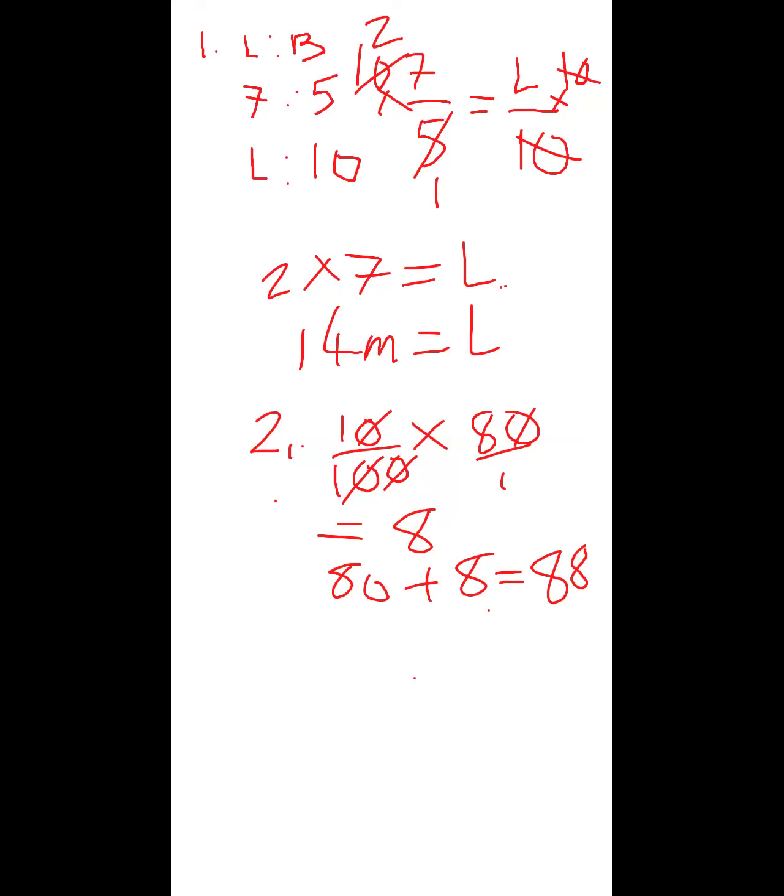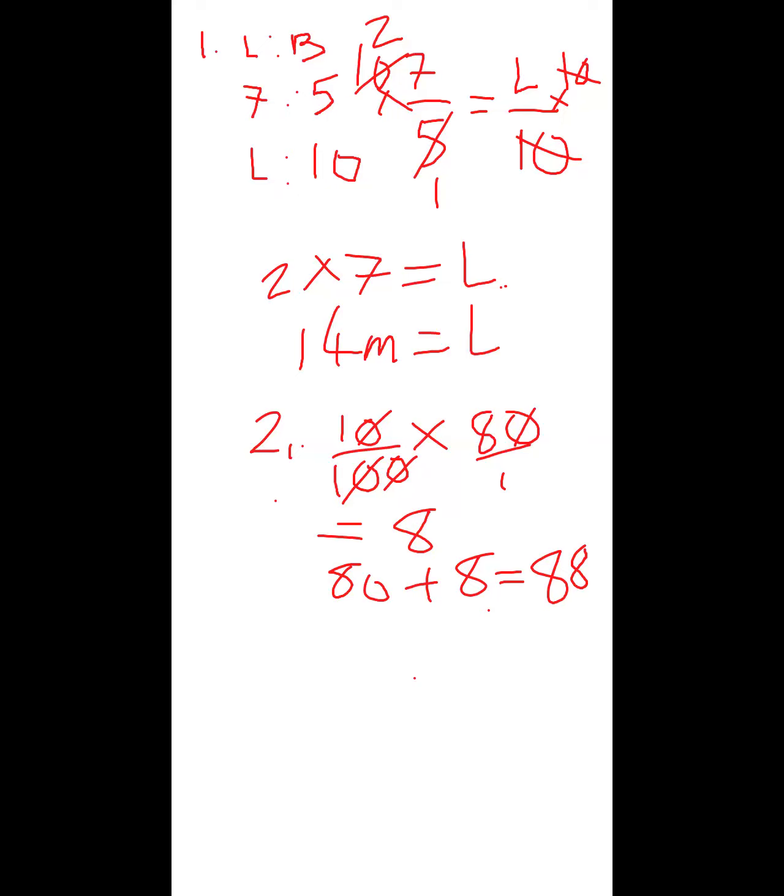No, so how I do it is, so what I learned how to multiply by decimals. So say for example, if I was to do that question now, what I would do is I'll do 80 times 10, which would give me 800.